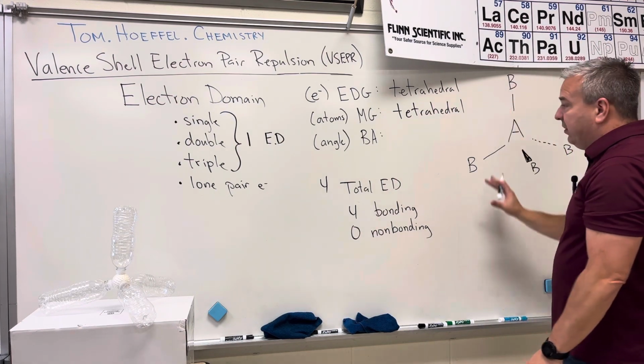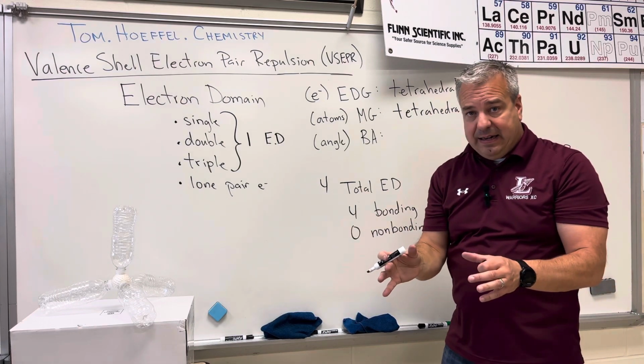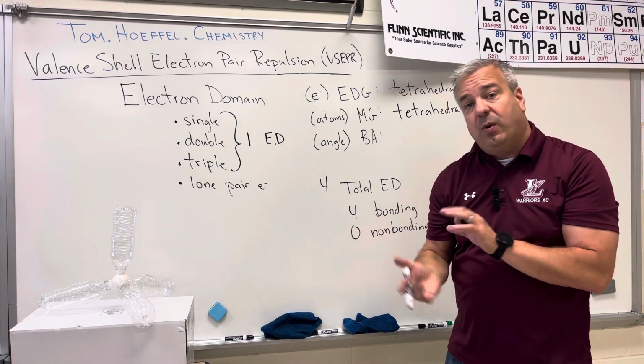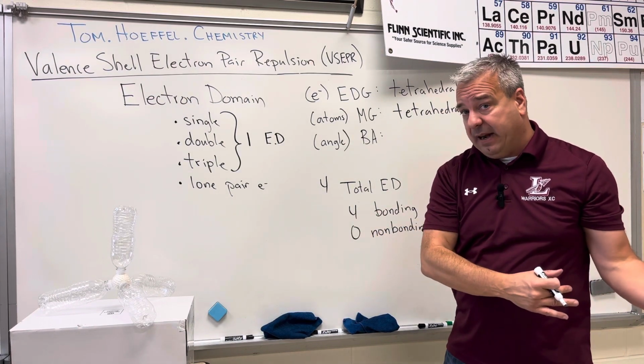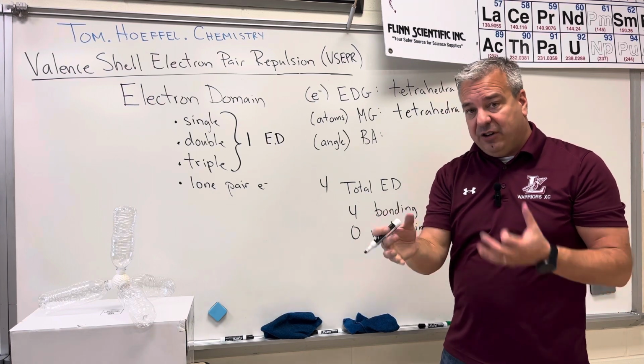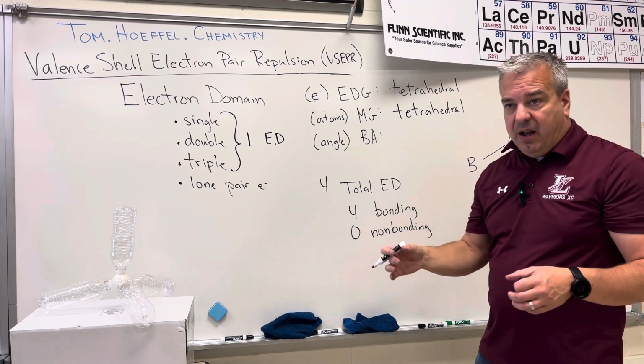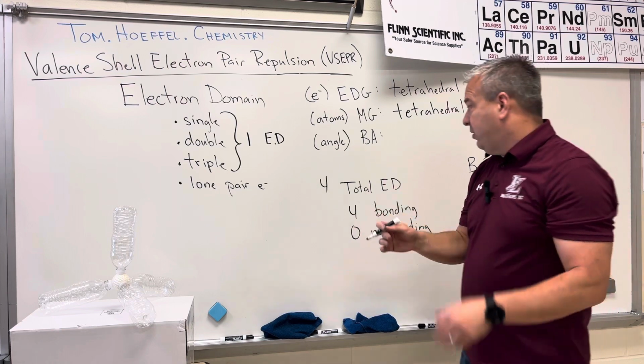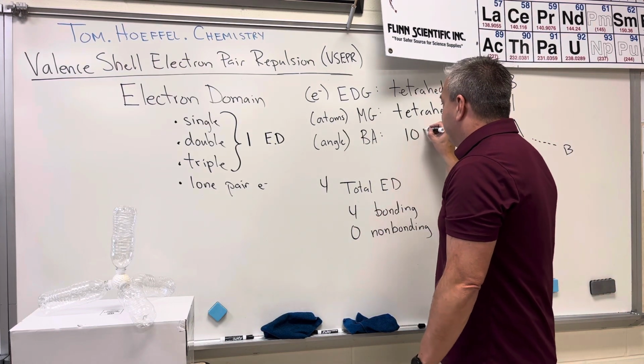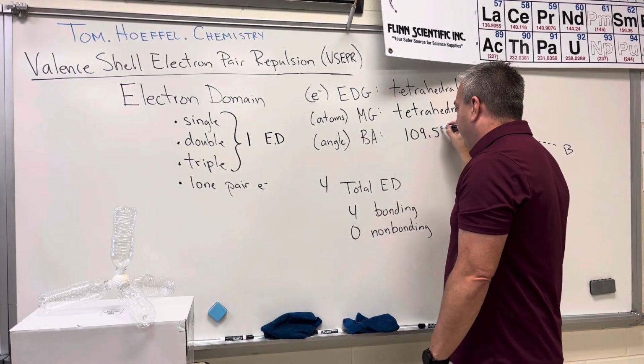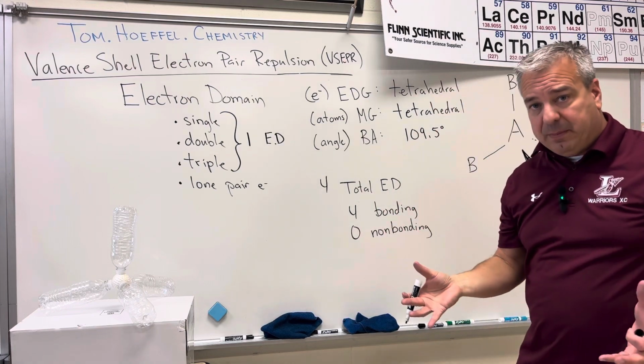This angle is greater than 90, but not quite 120, because 120 was 3 domains. So each domain that you add, you're going to lose a little bit of the angle because they're getting closer together. I don't think this is one that you'd be able to come up with off the top of your head, so you have to memorize it.